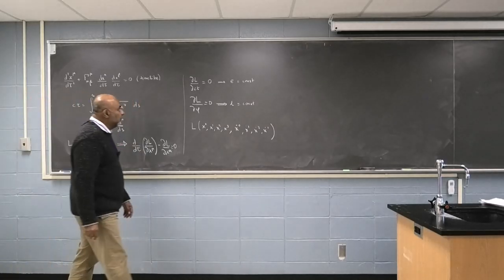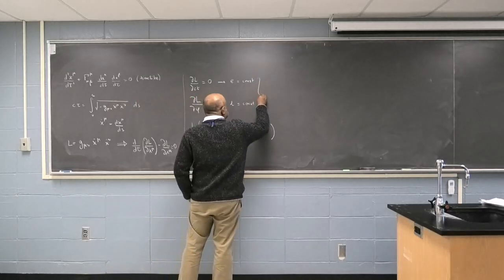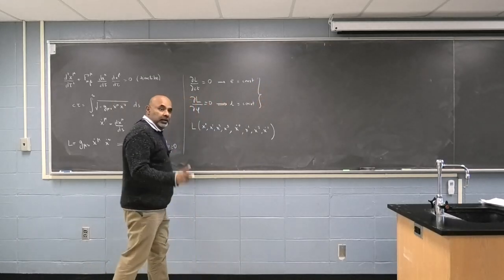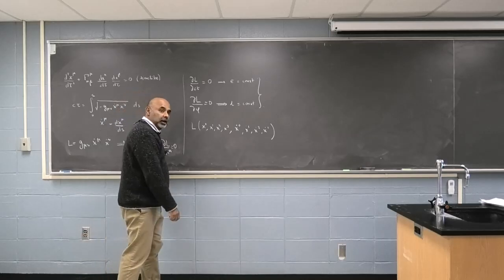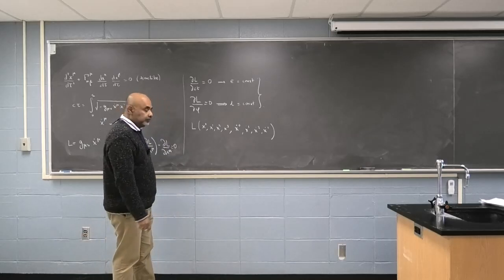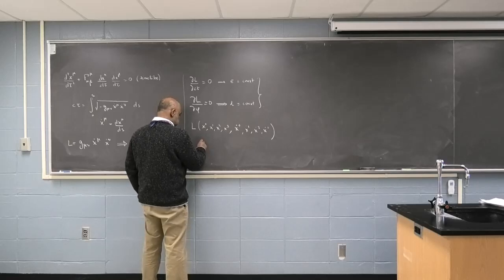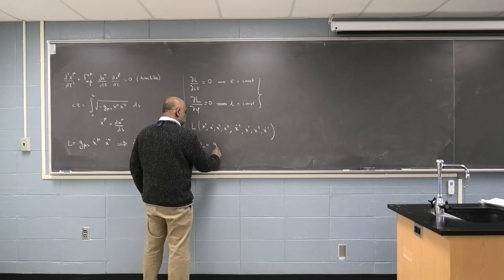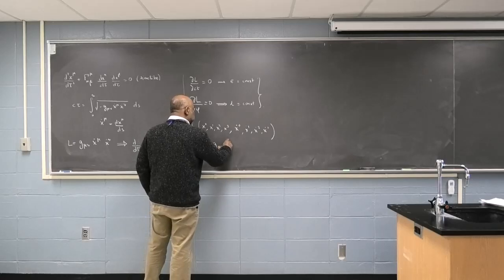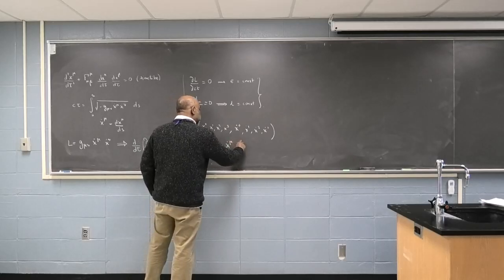So we have 2 conserved quantities here. We have a third conserved quantity, which is, well, L equals g mu nu x dot mu x dot nu.